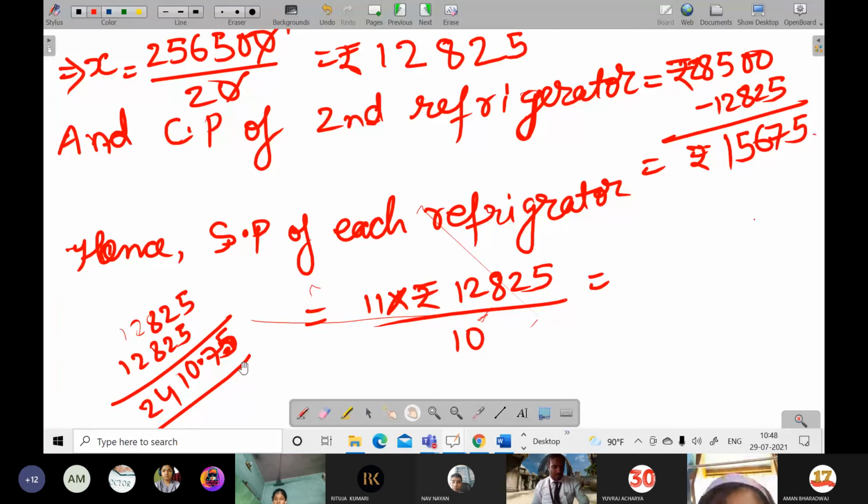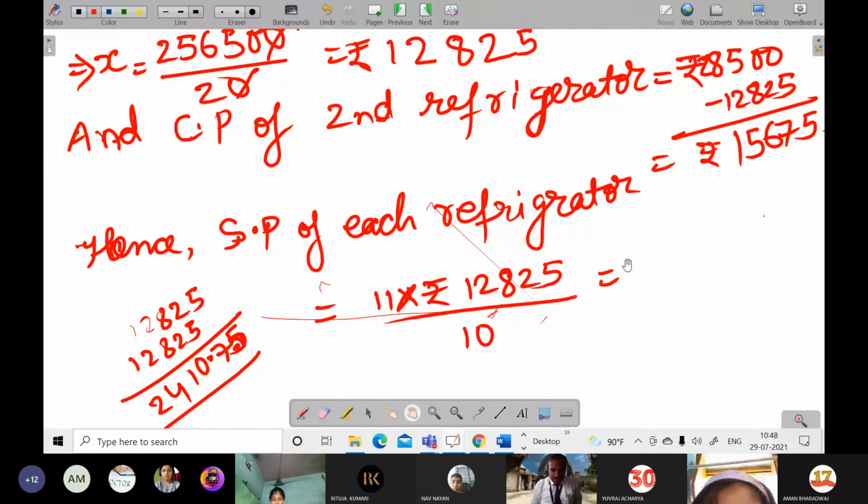Of course, this was a big number. So how will it come? That divided by 10. So 14,807.5. Yes. Again, sorry, it is wrong, sir. 107.5. 107, sir. Yes, 1 is there.